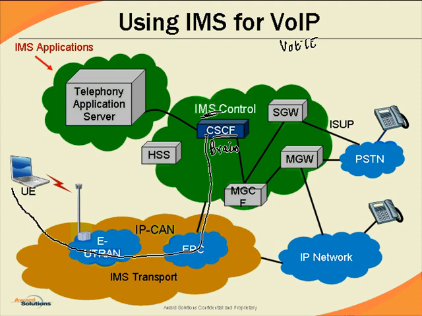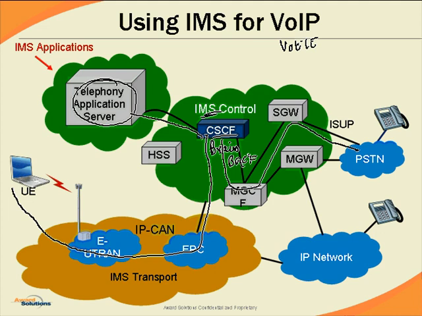We would involve some kind of application server so that we can provide additional features, three-way call, forwarding, things like that. But if you're talking to PSTN, then we will be going out of the IP domain, breakout gateway control function, media gateway control function, SIP signaling converted into ISUP signaling.